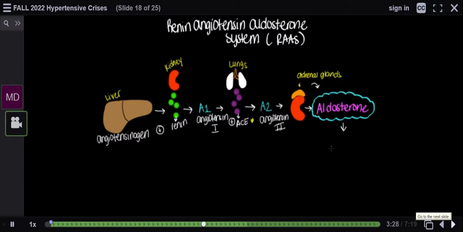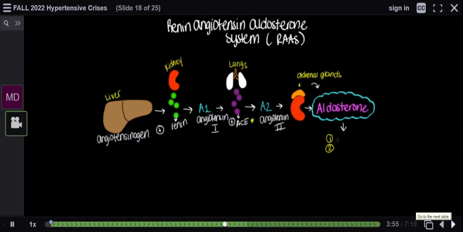Now, this whole system is really a twofold type of system. One, it's going to create aldosterone, and aldosterone itself is going to have some effects on the body. And two, remember I said angiotensin 2 actually works on the kidneys level as well. It's going to do something there as well. So first, let's focus on the aldosterone. So we know when aldosterone is created, aldosterone creation is actually going to help blood pressure regulation.